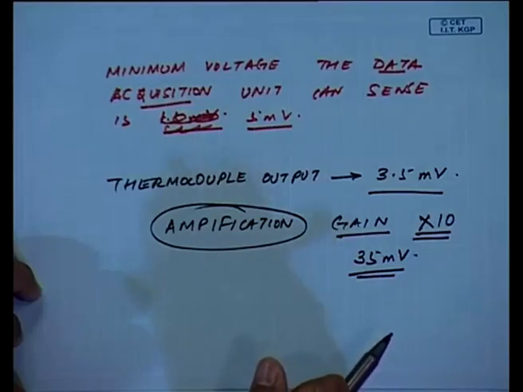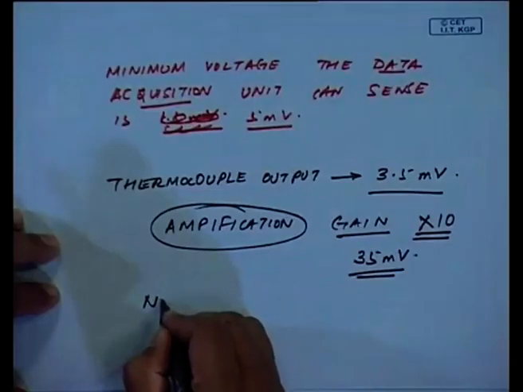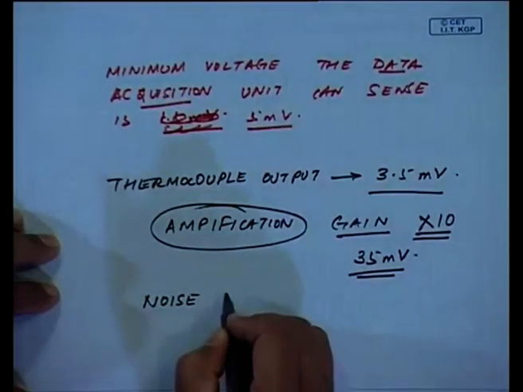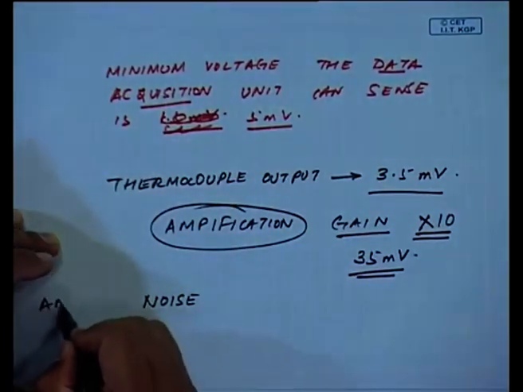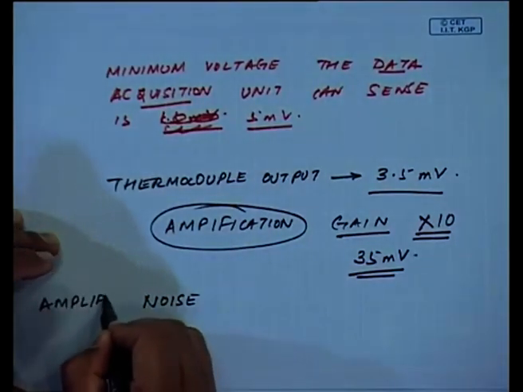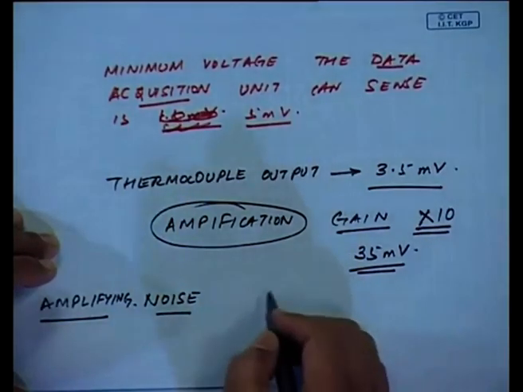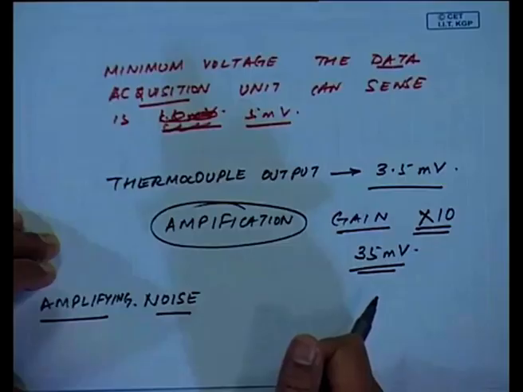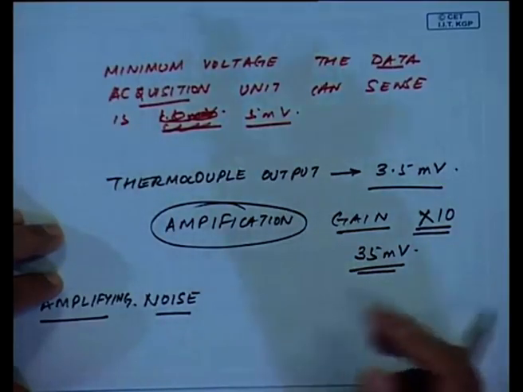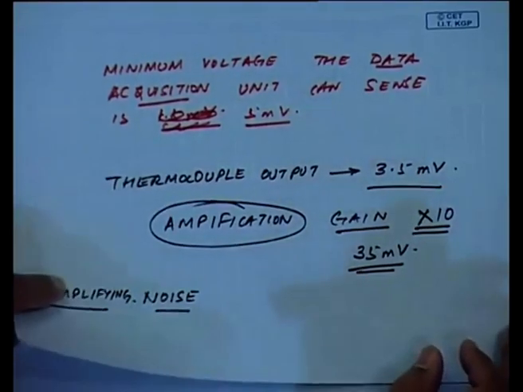But this may sound very easy, I have increased the voltage by a factor of 10, but I am also amplifying the noise. This is an associated problem. So, how do you remove it? So, there are issues.